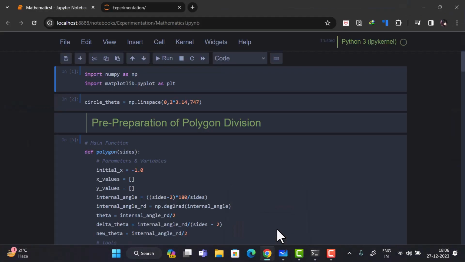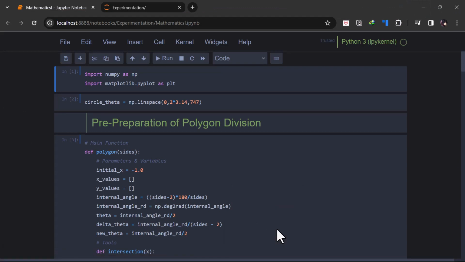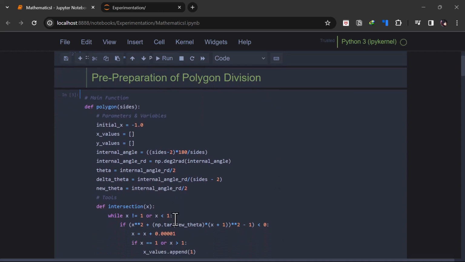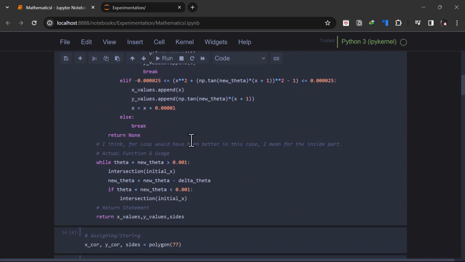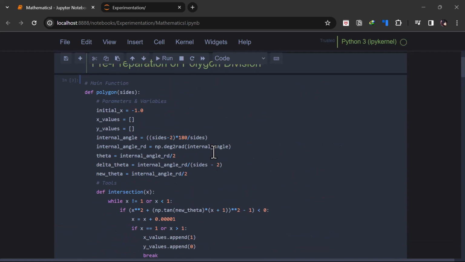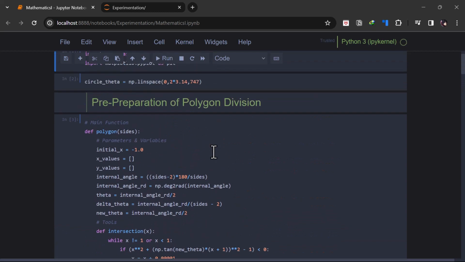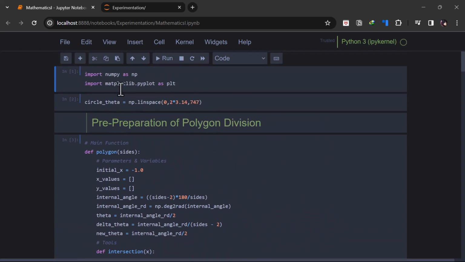Here I have opened my Jupyter notebook, and we'll discuss each and every line of code here, so that you can understand how all of the things that we have discussed are being applied in this case. So as you can see, the first thing that I have done is imported all of the libraries that I'll be using.